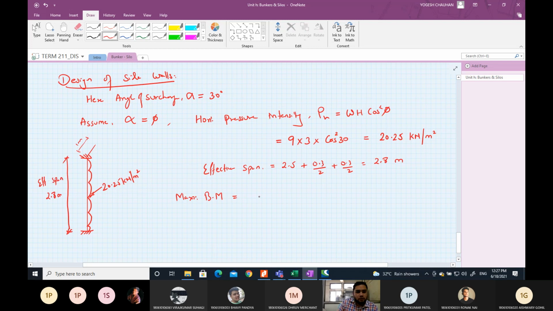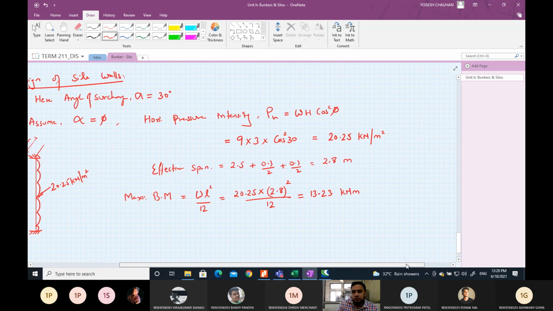So your bending moment will be W L square by 12. So that is 20.25 into 2.8 square by 12. So how much is this? It is 13.23 kilonewton meter.